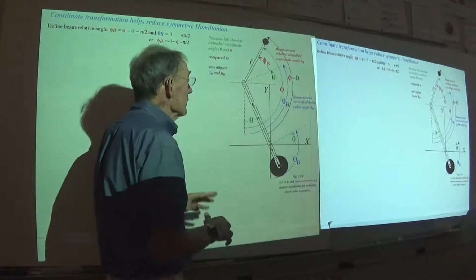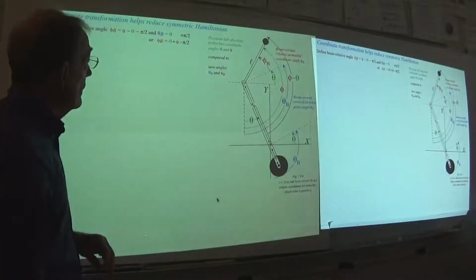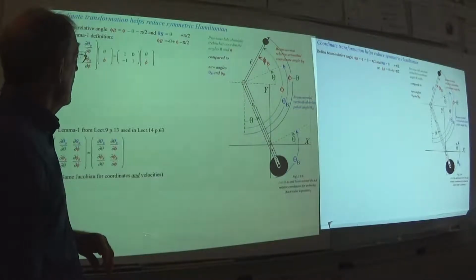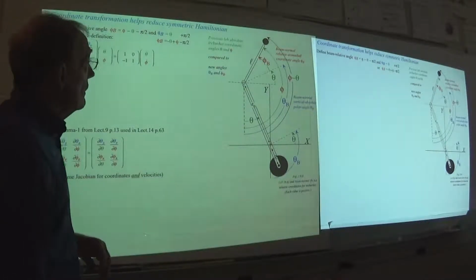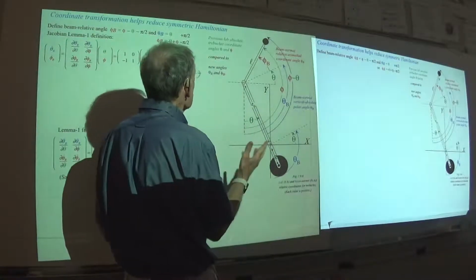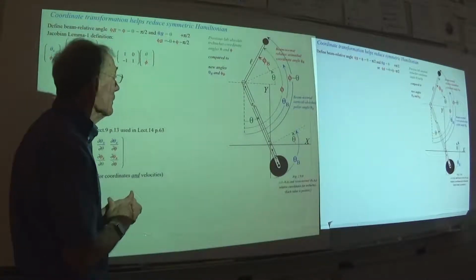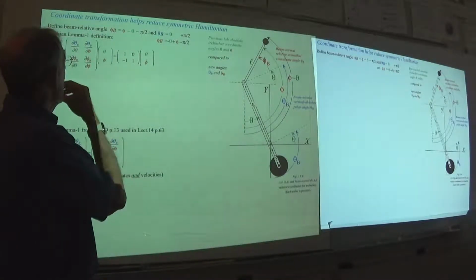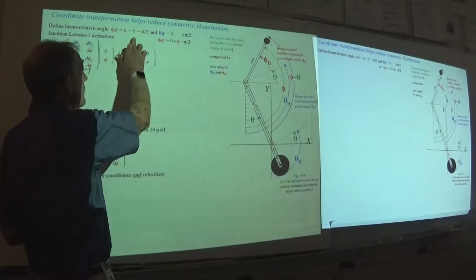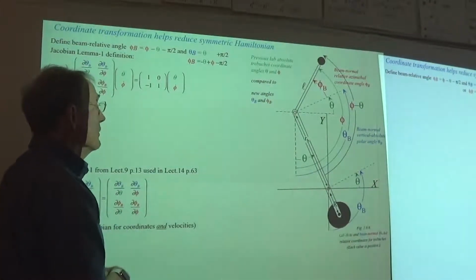And that turns out to simplify this equation so that we can actually get dynamics out of it. We already have the energy as constant. What we're going to be getting here is something that allows momentum, a new kind of momentum. We got to find that. Where is that new momentum that we would normally get? So what I'm doing here is defining this beam relative angle, and put a little b on them to indicate that.